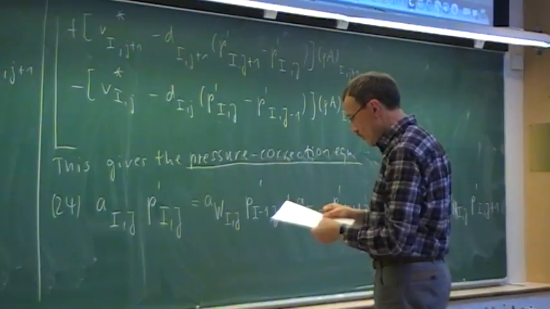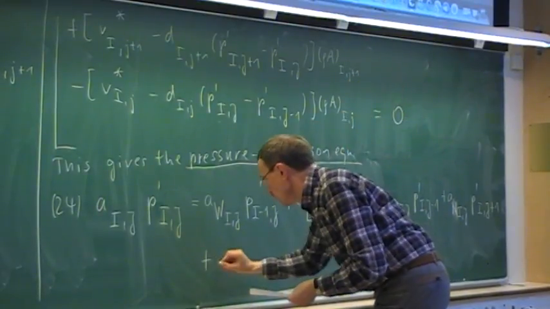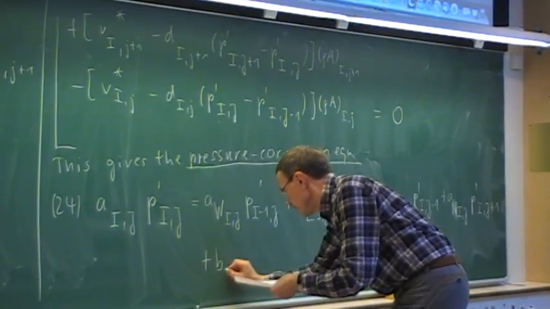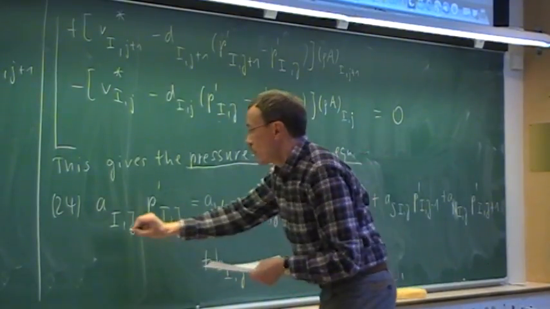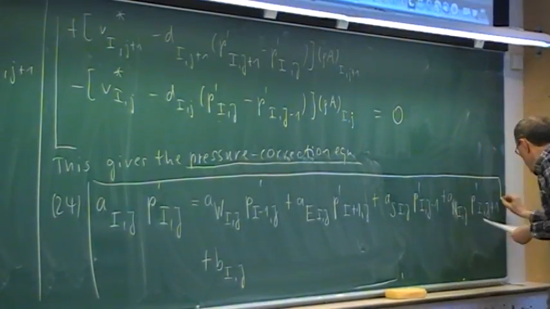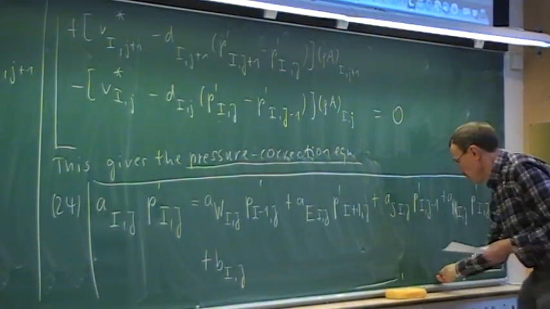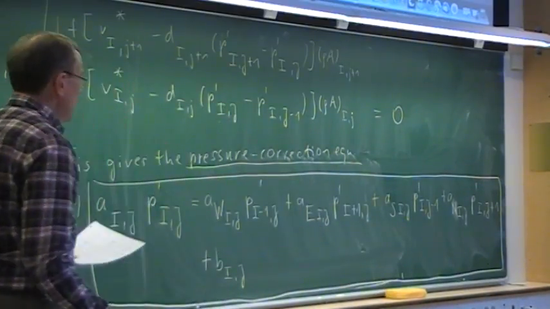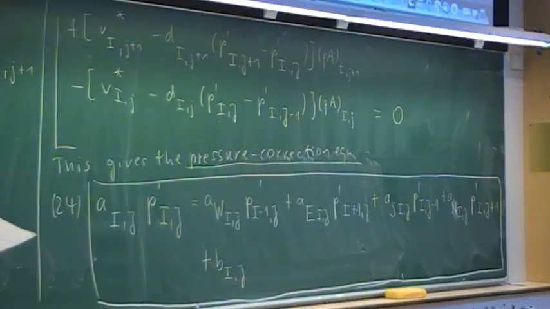And we summarize all that by b, call it bij. So I give the coefficients directly, but let's just highlight this. This is the pressure correction equation.